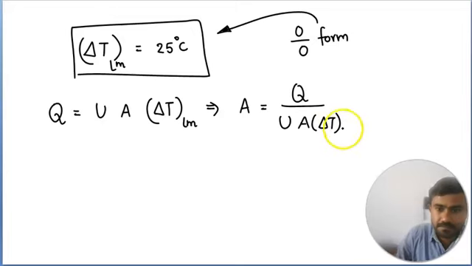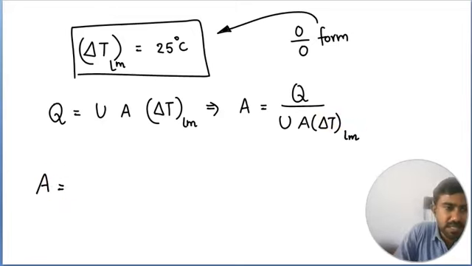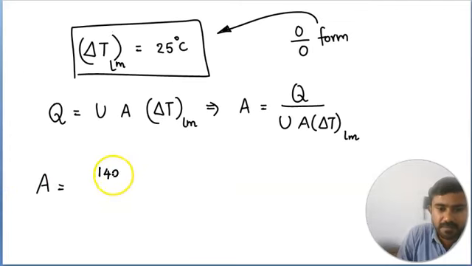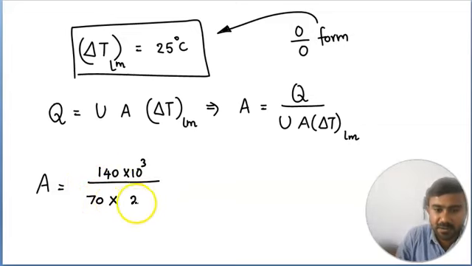Now the area becomes, similar to parallel flow, all these remain the same, only the LMTD value changes. So it's 140 into 10 power 3 divided by the overall heat transfer coefficient 70, and now the LMTD in counterflow is 25.